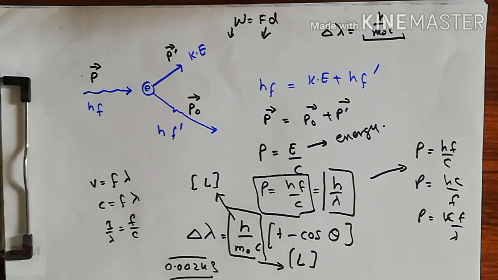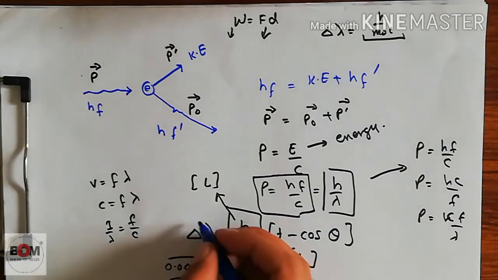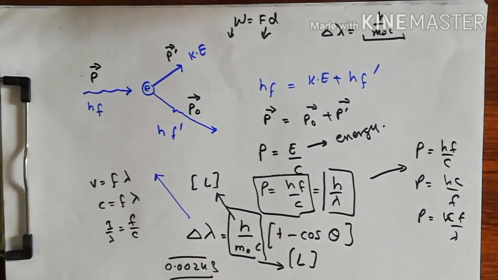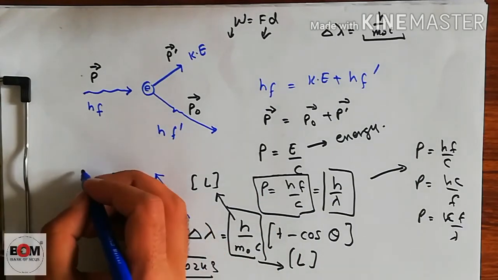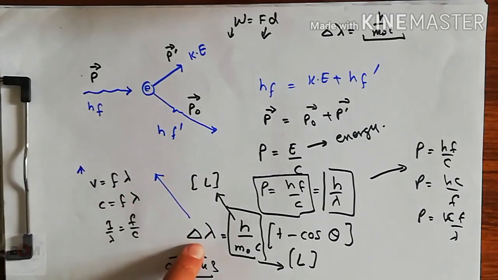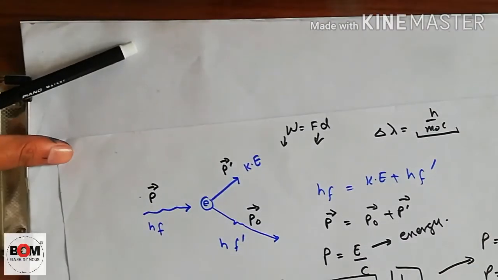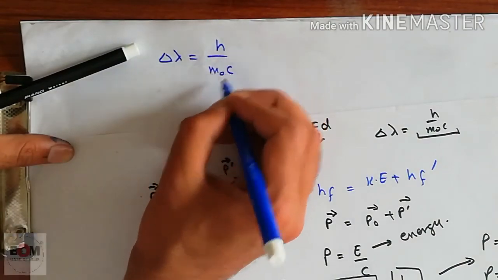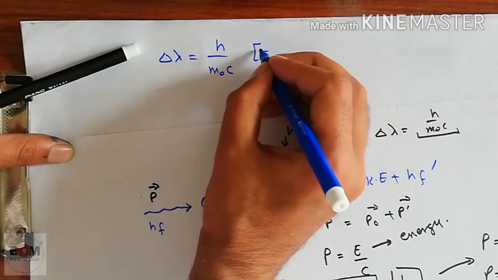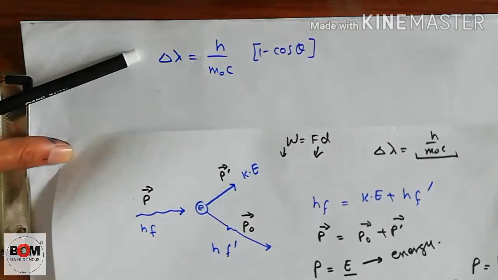The next is to write this equation for frequency. We know that v is equal to f lambda. If we want to put frequency in place of lambda, what will we do? We know that delta lambda is equal to h divided by m naught C times (1 minus cos theta). This is the equation for lambda.